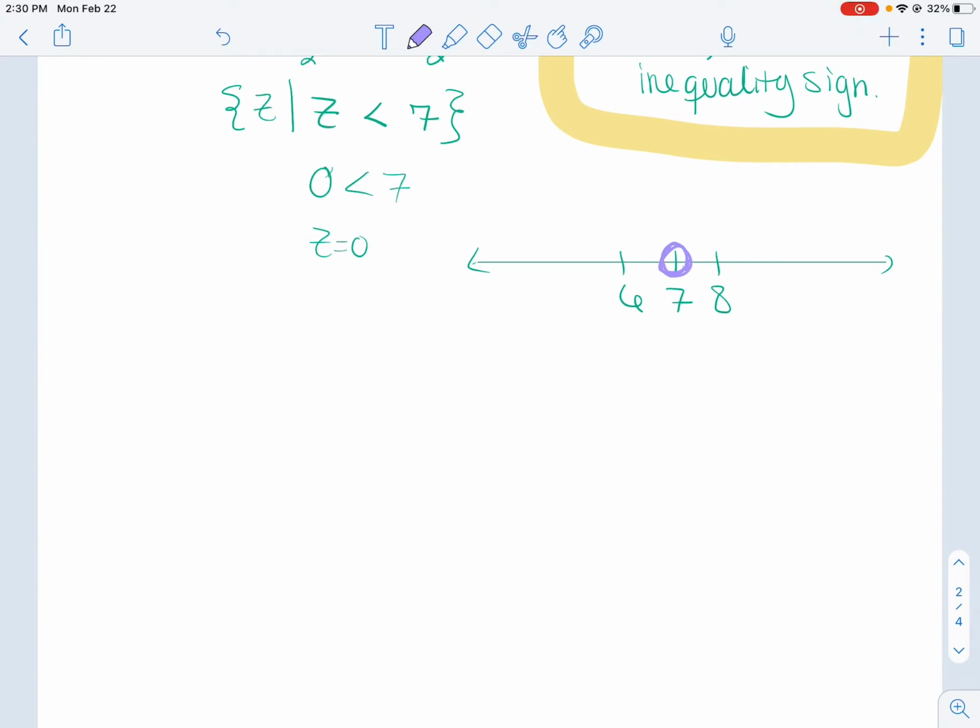So we just want everything less than 7, which would be shading everything to the left, all the way down to negative infinity. Alternatively, we could write from negative infinity to 7, both with soft brackets because we're not including those values. Or again, if we had another number line, so many ways you can represent this. At 7, we could have just the parenthesis there and then everything shaded to the left, okay?